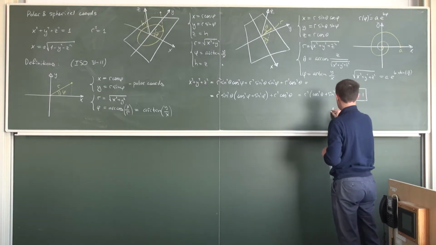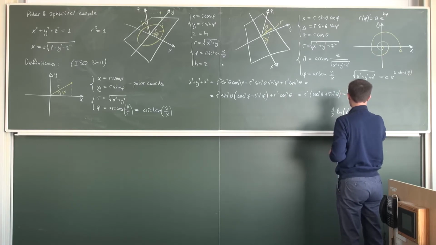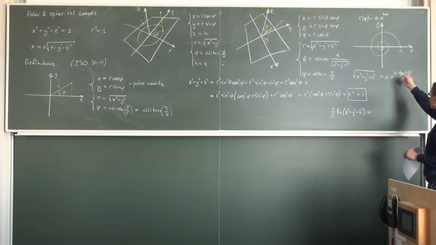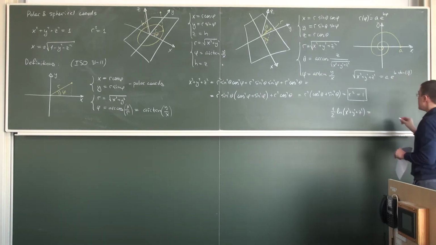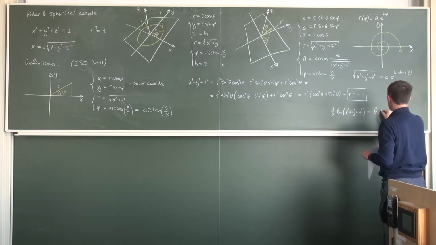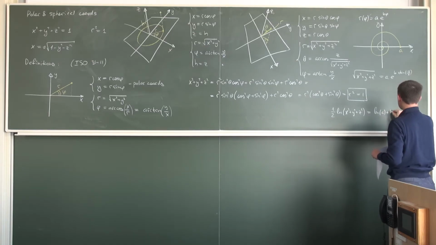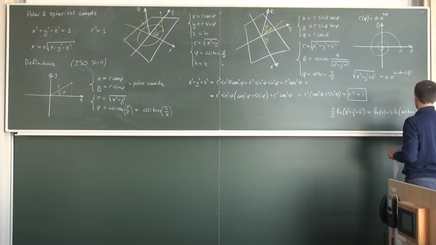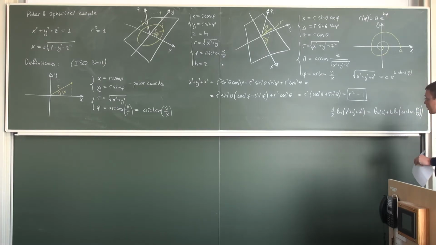So we can say 1 half log of x squared plus y squared plus z squared equals, we can split the log here and take the b out, that will be log a plus b log of r tangent of y over x. Further simplifications are possible here. Log of reciprocal trigonometric functions can be simplified if you try really hard.